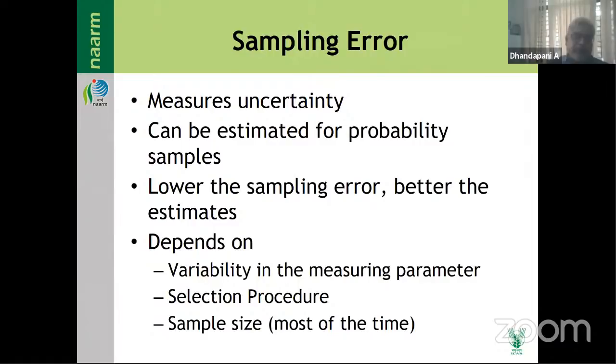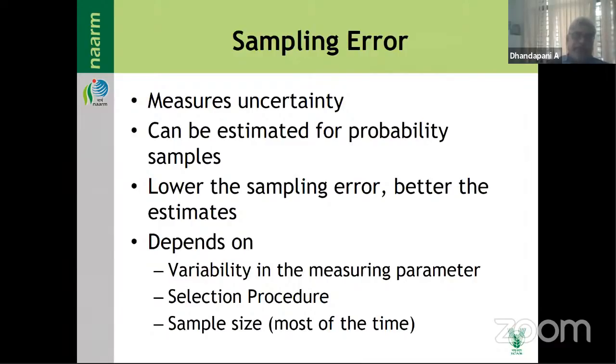But that is inevitable. The second thing is that the sampling error also depends on what kind of selection procedure you use, because with certain selection procedures you will be able to reduce this sampling error. That's why it is important to understand various selection procedures and choose the one which will lead to less sampling error. The third one is the sample size.